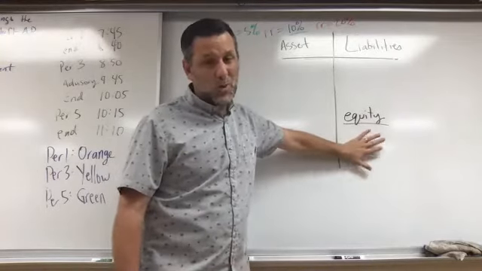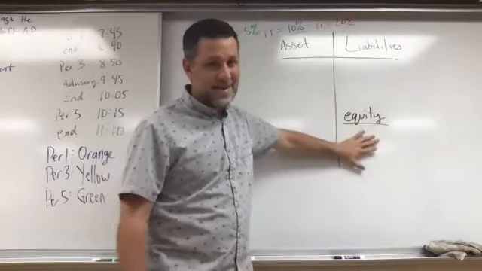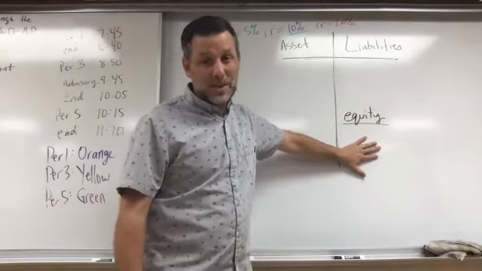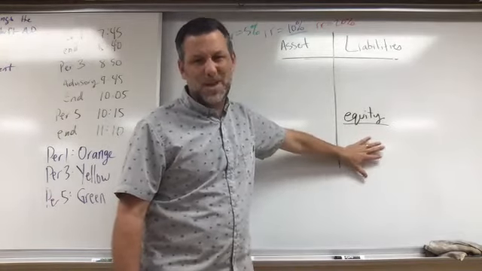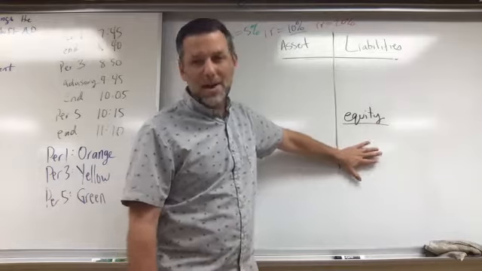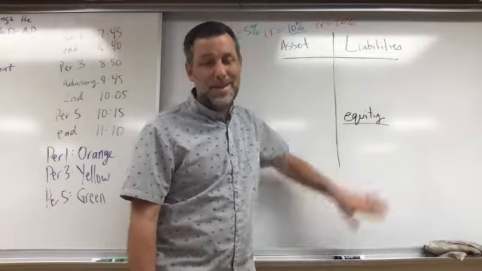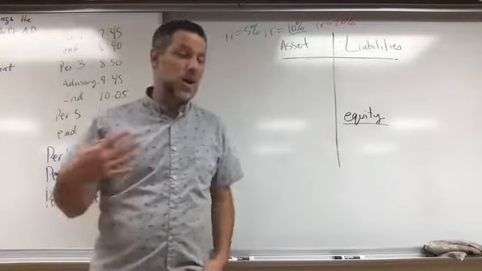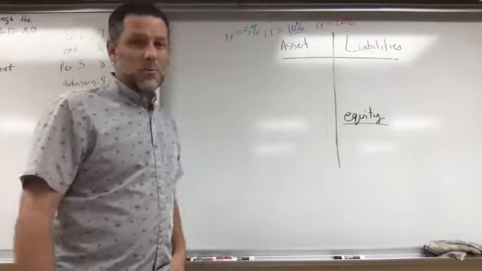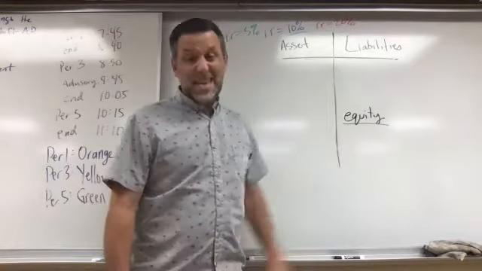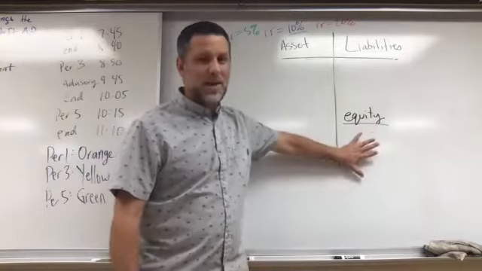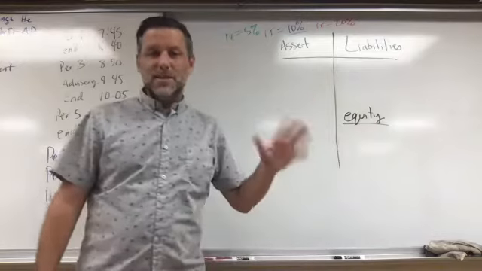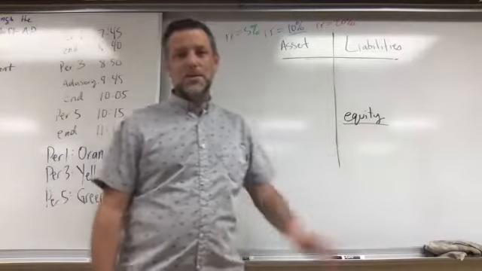That means that you owe more than you own, you're losing money, or you're upside down, sometimes called underwater. Those are other phrases they use to describe negative equity. In the red would be negative equity. In the black would mean positive equity. Those are all phrases used in accounting or economics to describe this, right?